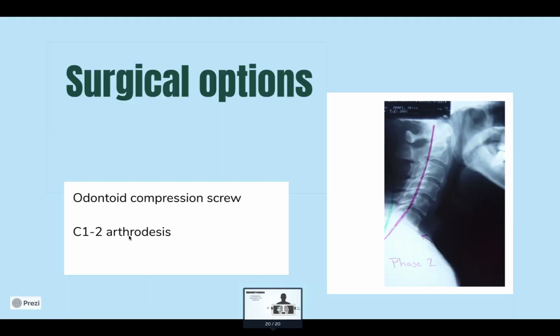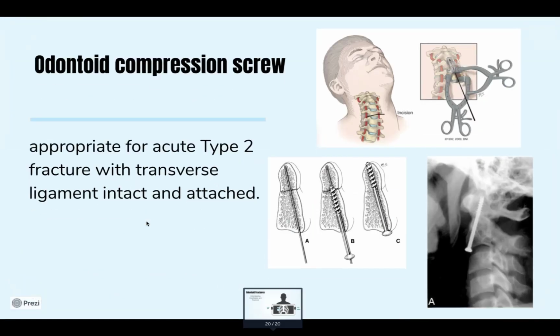Surgical options, there are two ways, odontoid compression screws and C1-2 arthrodesis. So I'll go through the two different approaches. I guess odontoid compression screw is when you're using a guide wire and putting a lag screw into the actual odontoid.